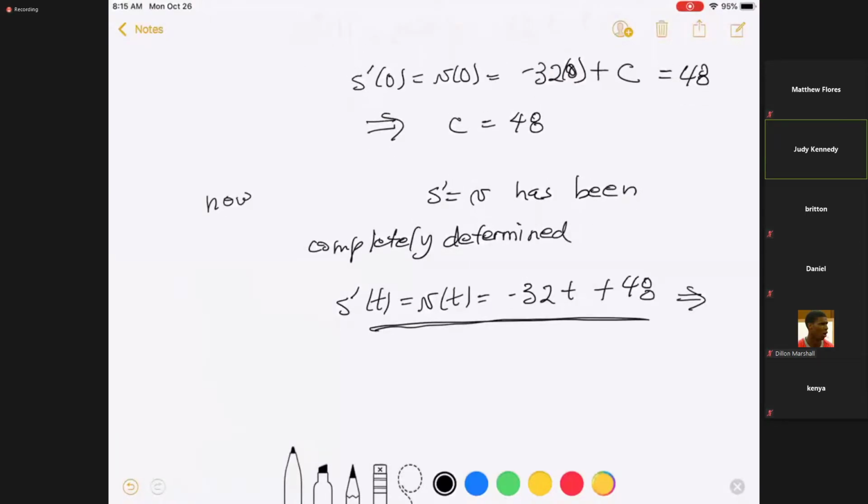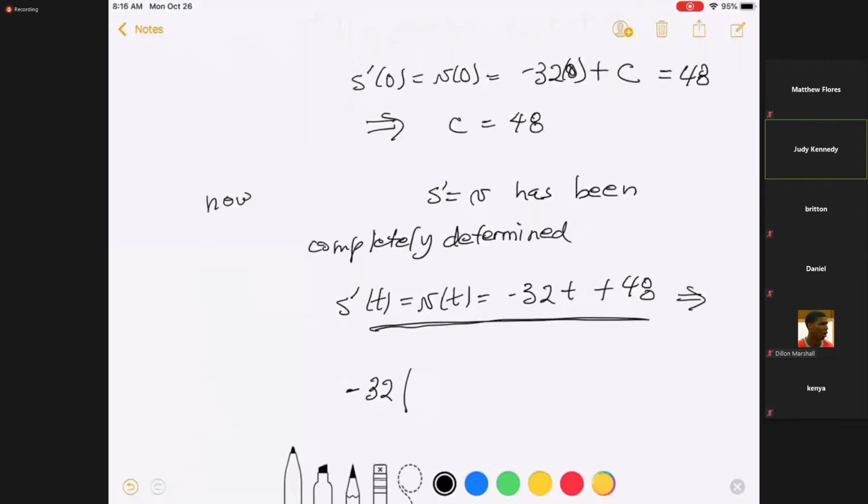Okay, an antiderivative of minus 32t would be, well, minus 32 is just a constant, and then we need the antiderivative of t. Well, that's t to the first power. So you use this rule: if you have x to the n, the antiderivative is x to the n plus 1 over n plus 1, as long as n is not equal to minus 1.